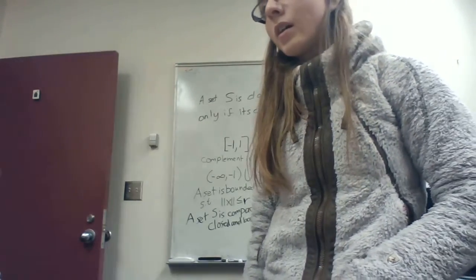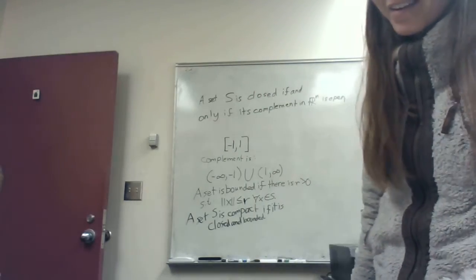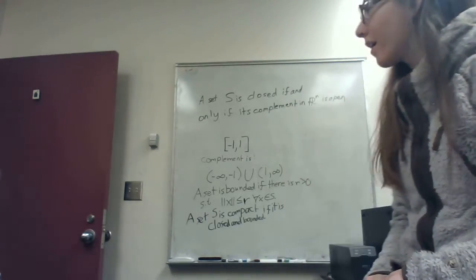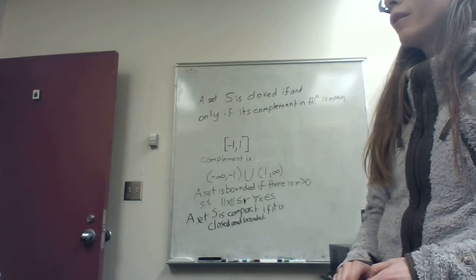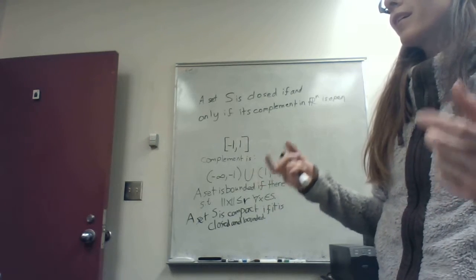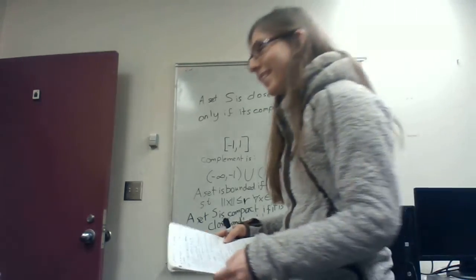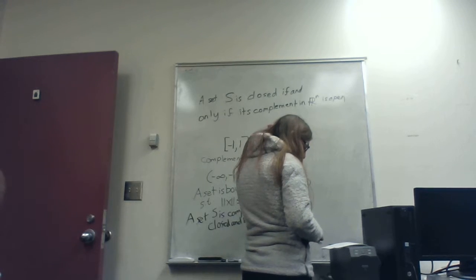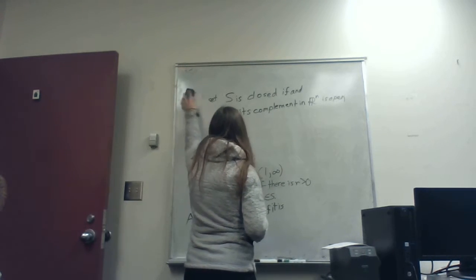Maybe you can take a quick look and then send me what you find, or if you cannot find it, let me know what you did find. I think if you have one example, this should be clarified. Maybe if you Google closed unbounded set or bounded open set, essentially you're looking for the counterexamples. Yeah, maybe you can send me what you find. Okay. But that's a really good question, Enrique. I'm just not sure.